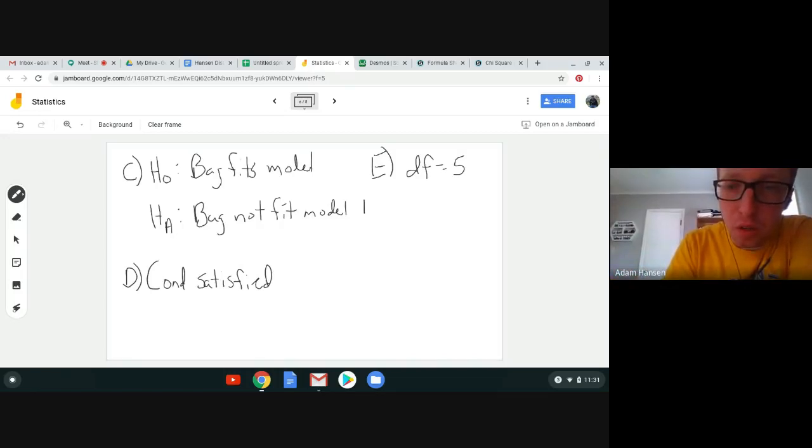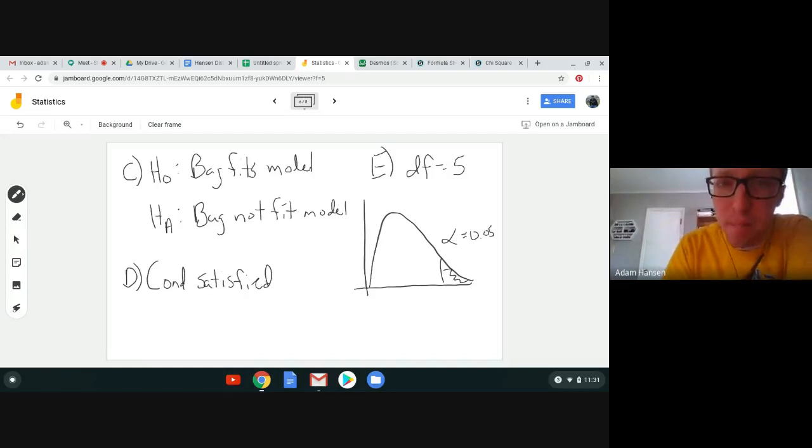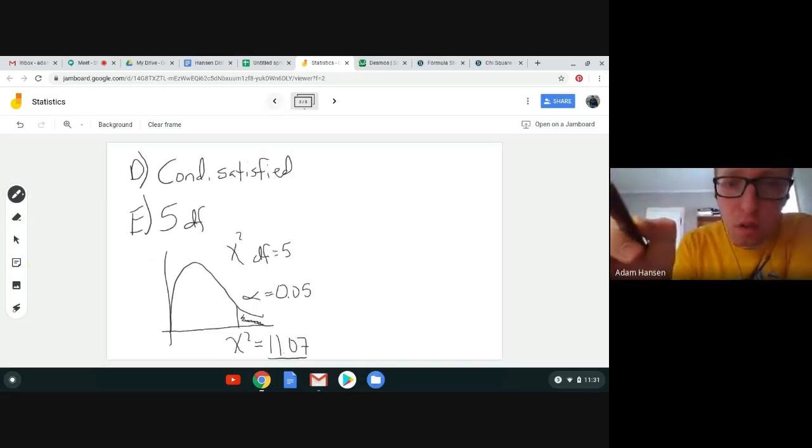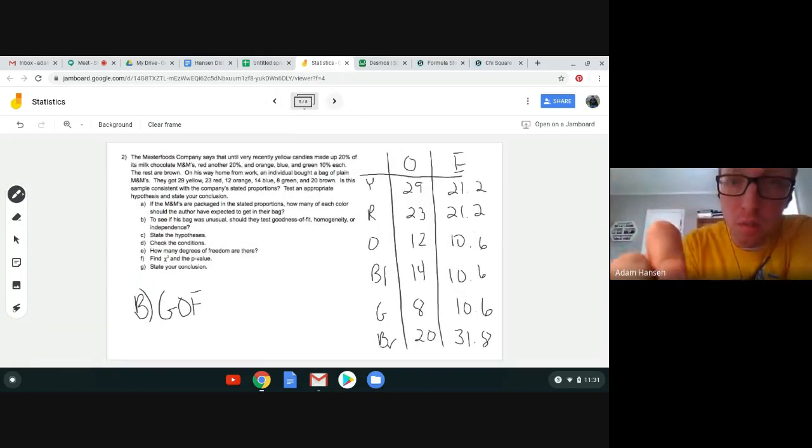So if I draw the distribution again, I want to reject a true null hypothesis, make a type 1 error, only 5% of the time. I believe that was the same critical value, 11.07, from our previous number 1.